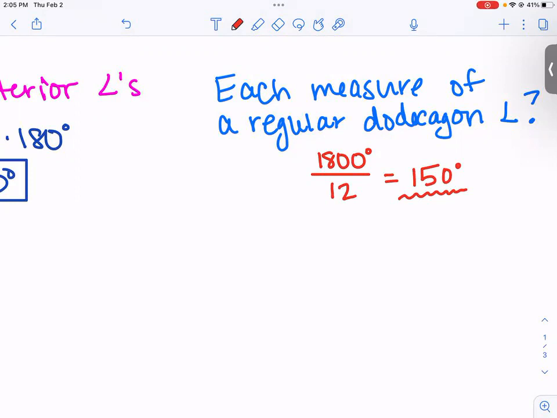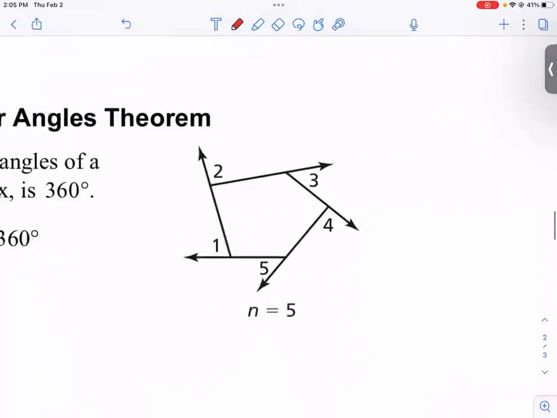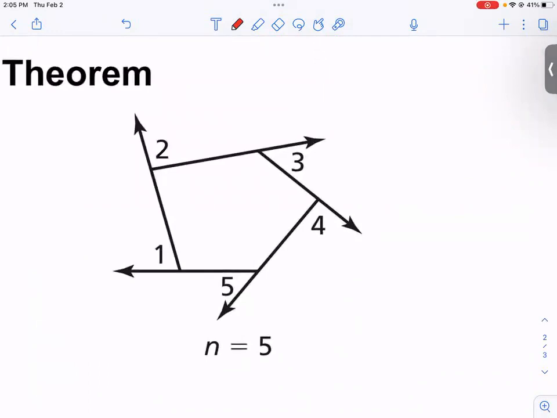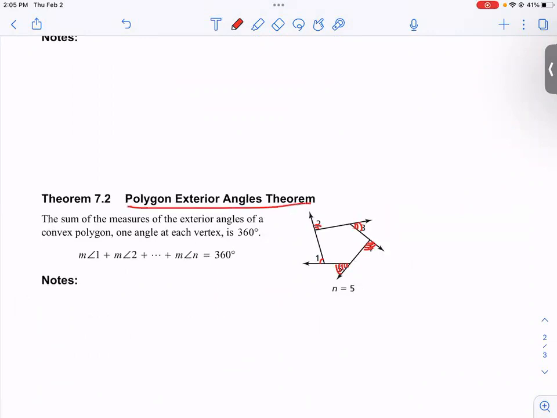Now, on the back side, you looked at the exterior angles. No matter what shape they gave you, when you added up these 3, 4, 5, whatever, what did they add up to be every time? Our exterior angles are always going to add up to be 360 degrees, no matter what.